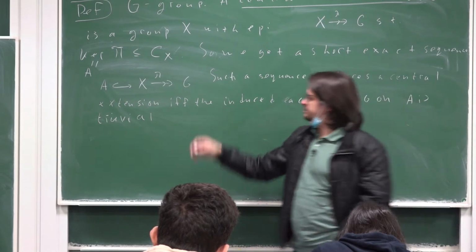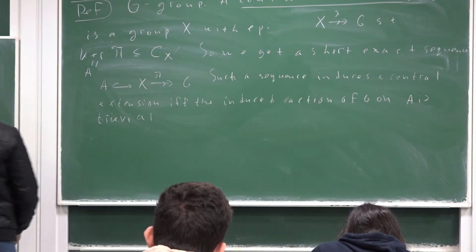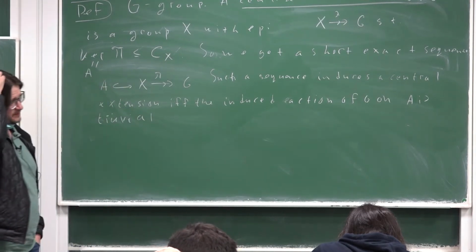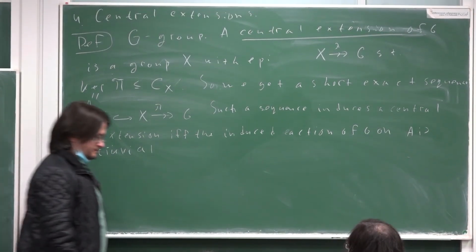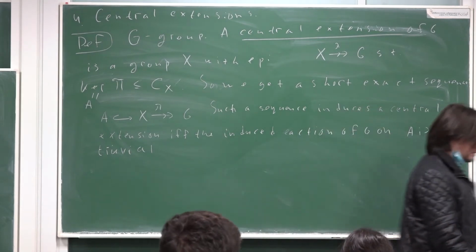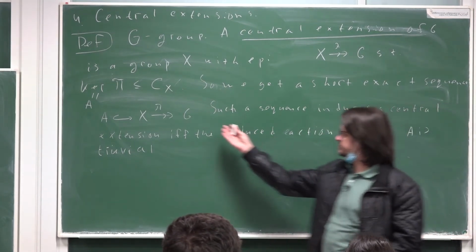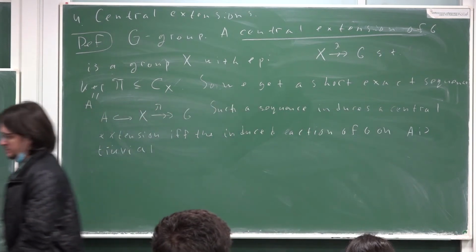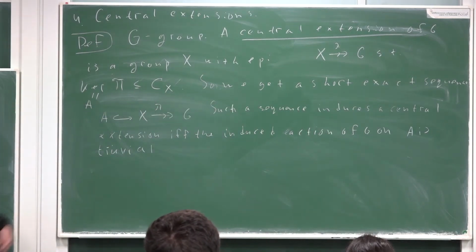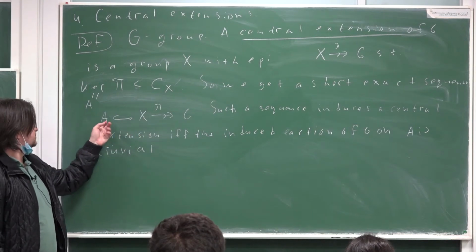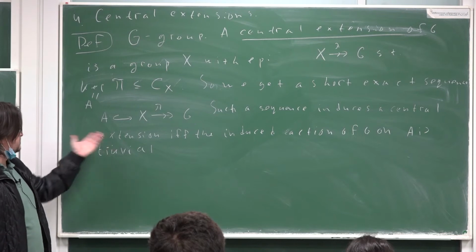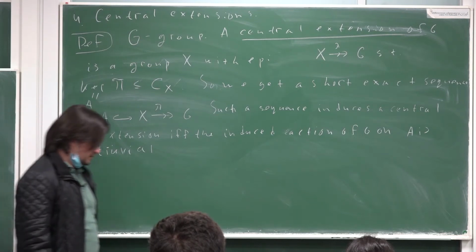If A is an abelian group, yes. So the induced action of G on A is exactly the conjugation by the lifts of elements to X. And if it's trivial, then this means that the conjugation by any element of X acts trivially on A, and it is equivalent to say that A is in the center of X.